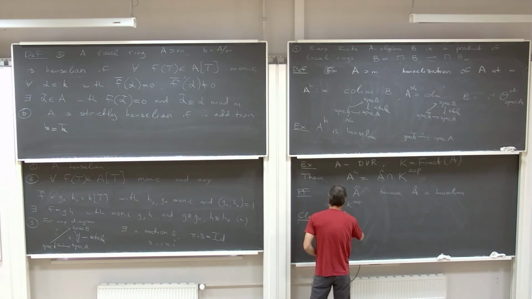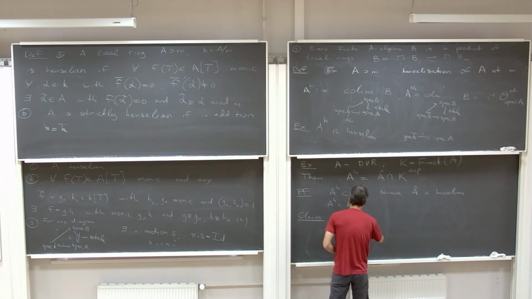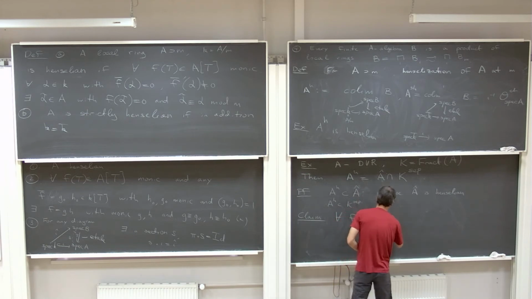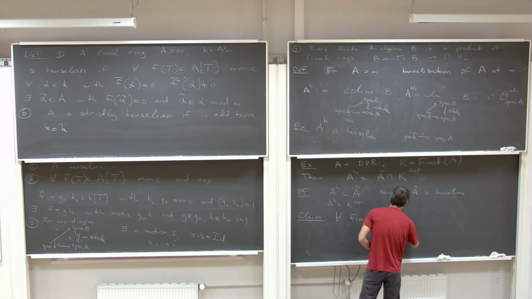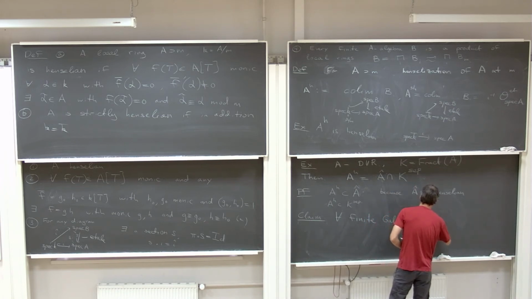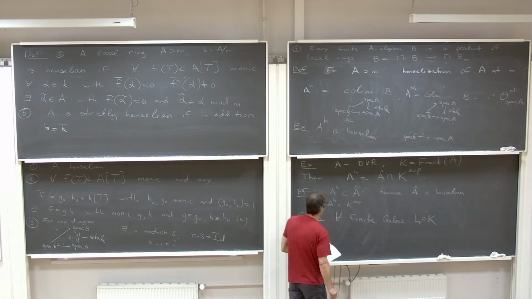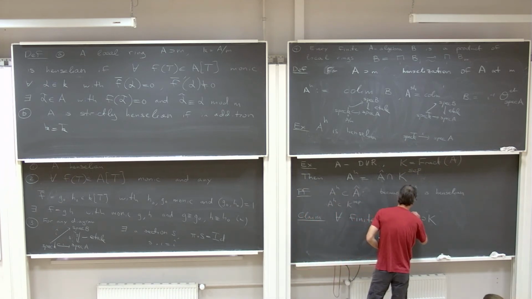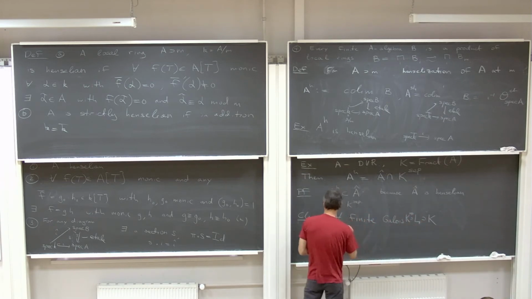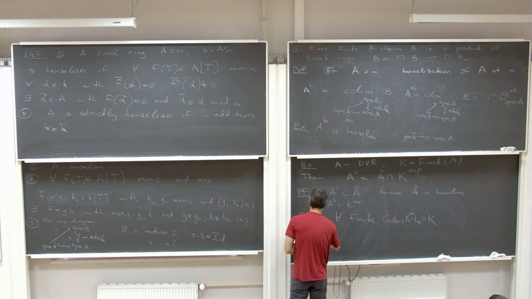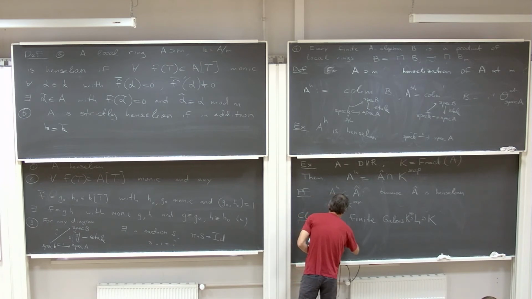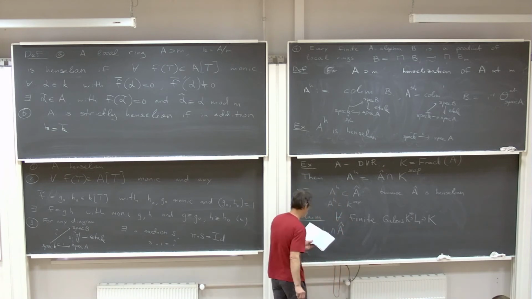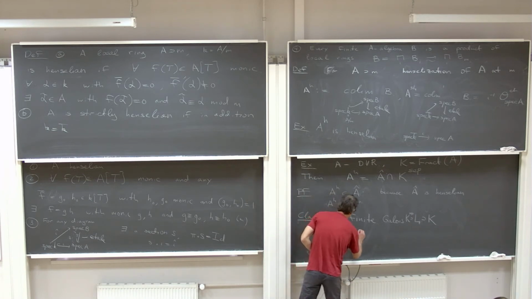It suffices to show that for every finite Galois extension L, and this is in K-sep, B, which is by definition L intersected with A hat, embeds into A^h.